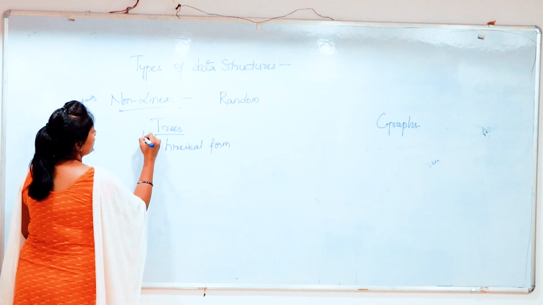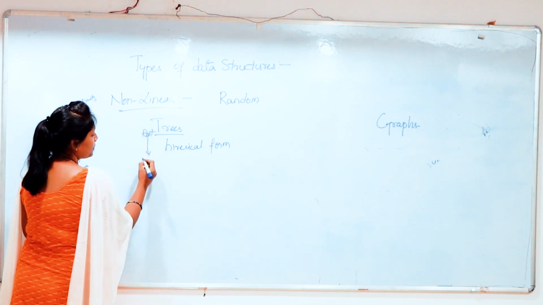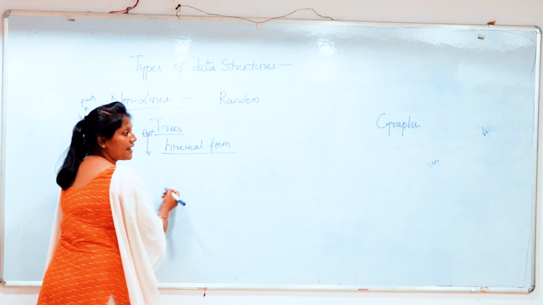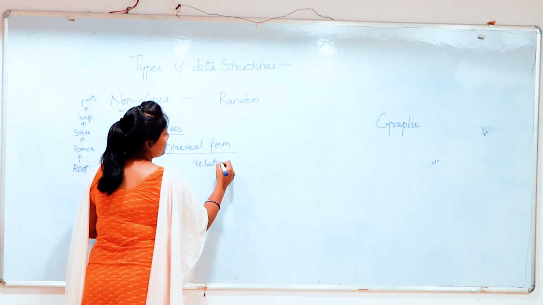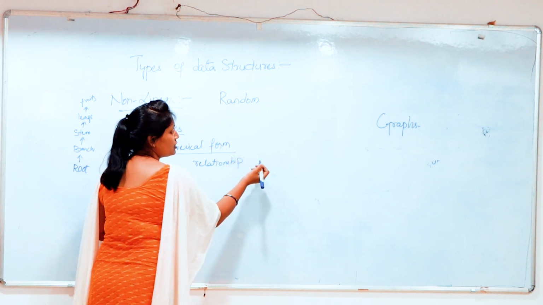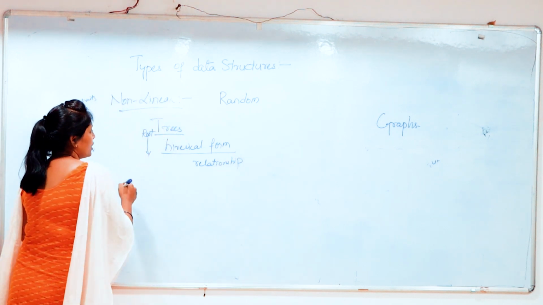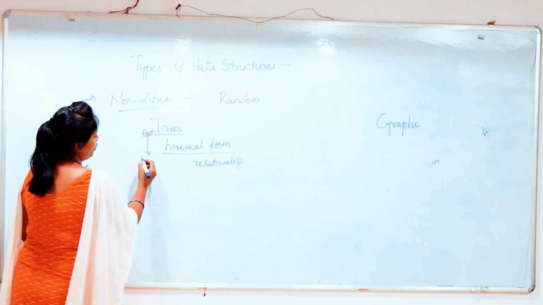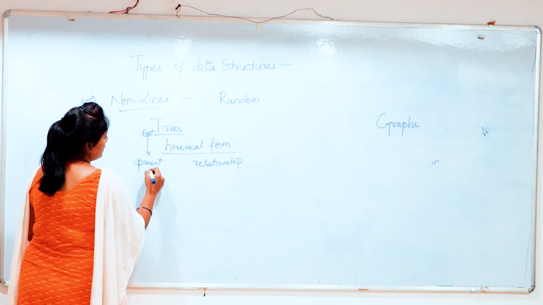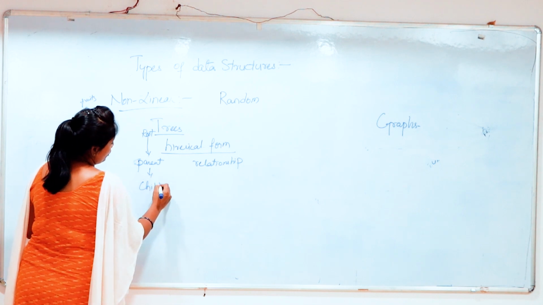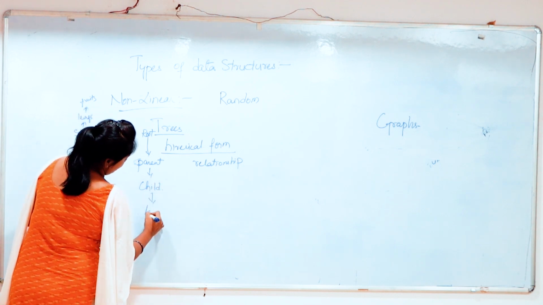That is, first the root, and as it is a hierarchical form, there is a relationship between the nodes present in our data structure. Here the root node, the parent node, the child node and the leaf node.